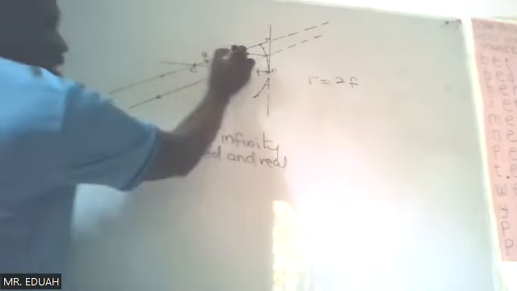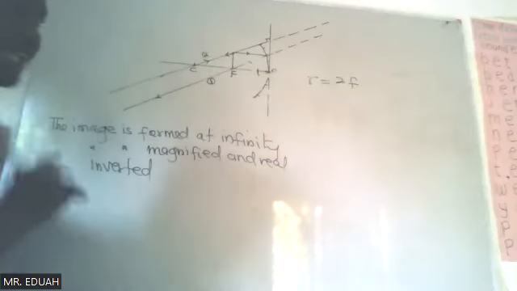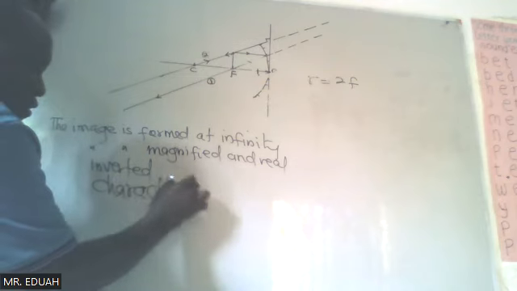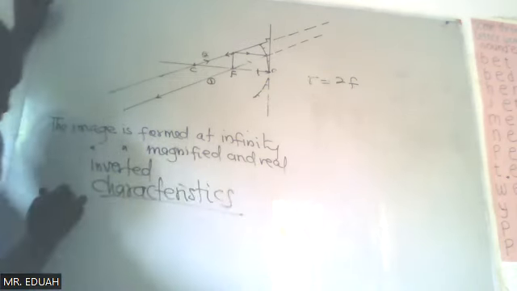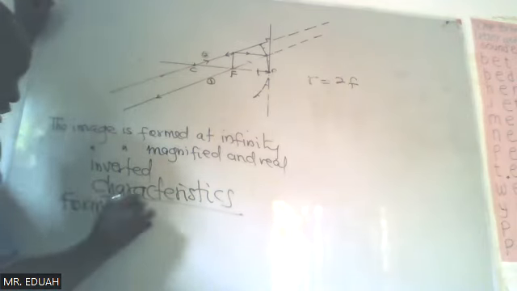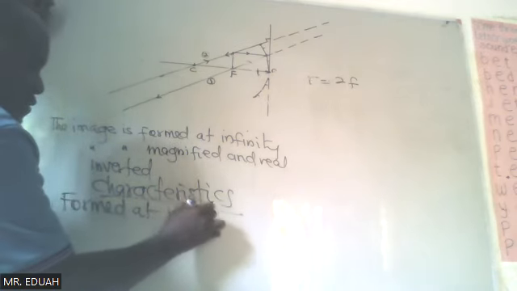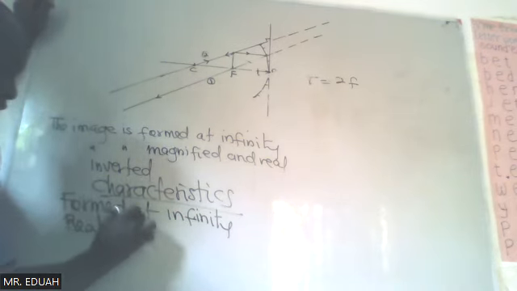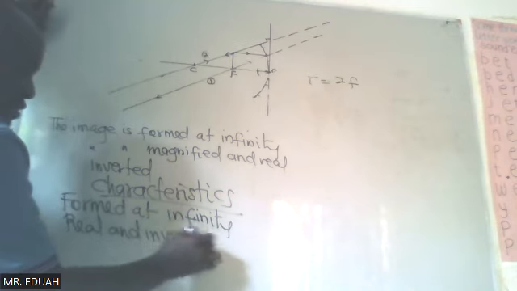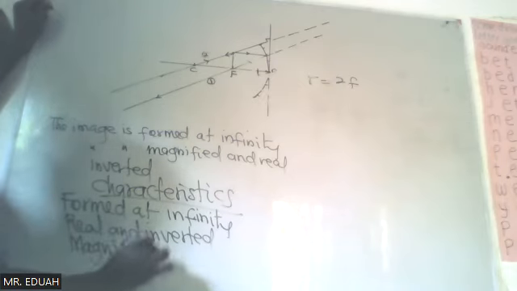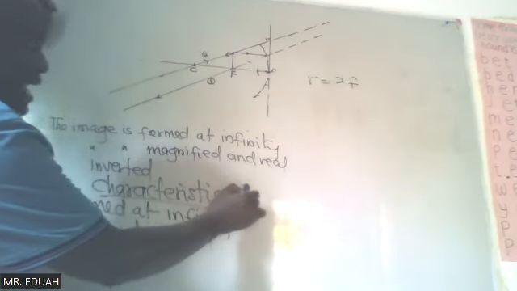So the characteristics of the image formed: the image is formed at infinity, real, and inverted. The image is also magnified. That is when the object is at F.